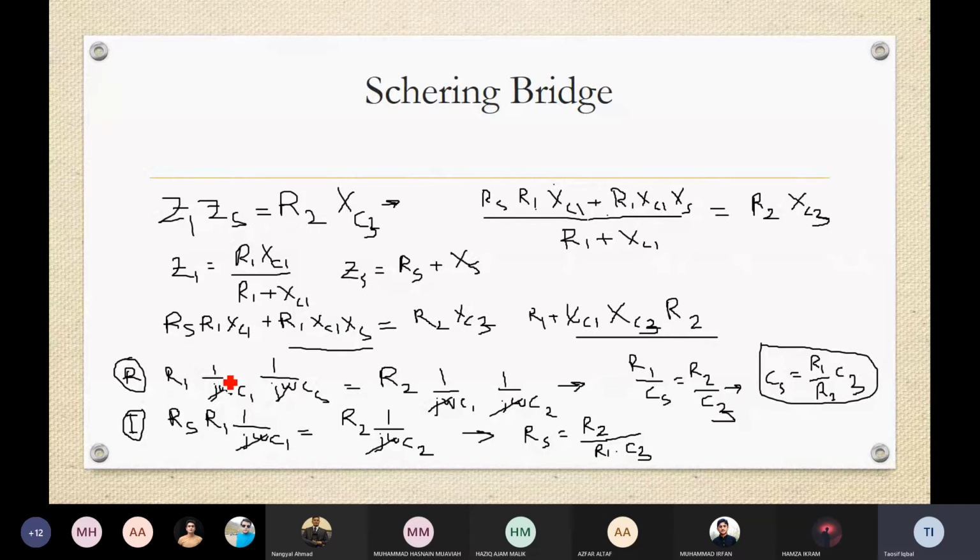And then we have taken the denominator to the other side, and therefore we will get R2 XC3 multiplied by R1 plus XC1, and XC3 multiplied by R2.